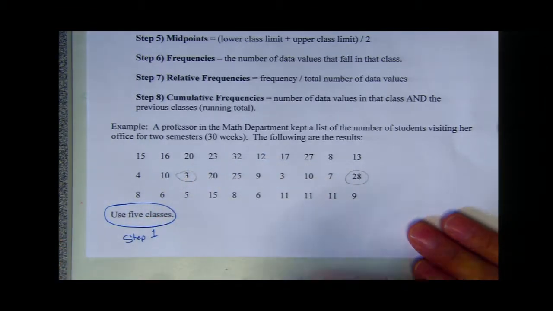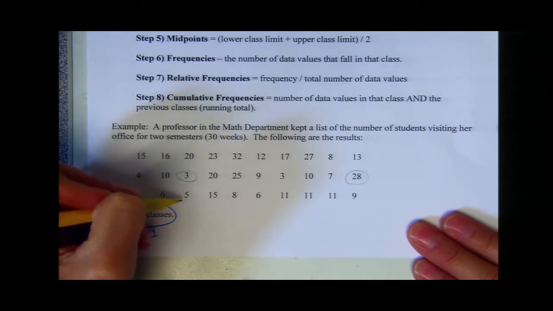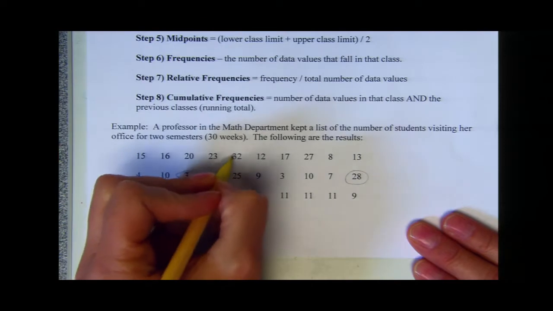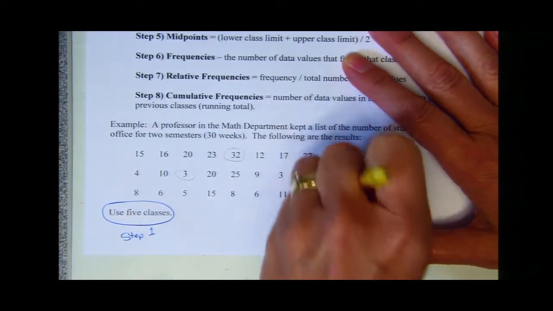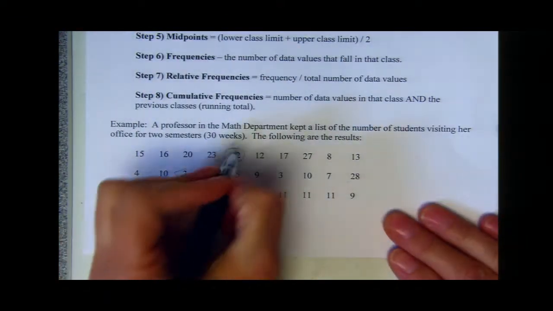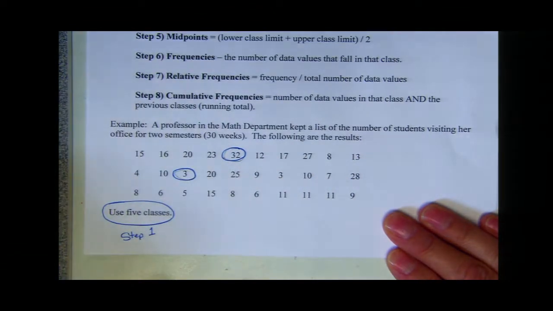Then I went back through just kind of quickly to make sure there wasn't a number bigger than 28 or smaller than 3, and lo and behold, I found 32. So had I used 28 as my largest number, the whole thing would have been messed up. So my largest number is 32, my smallest number is 3.